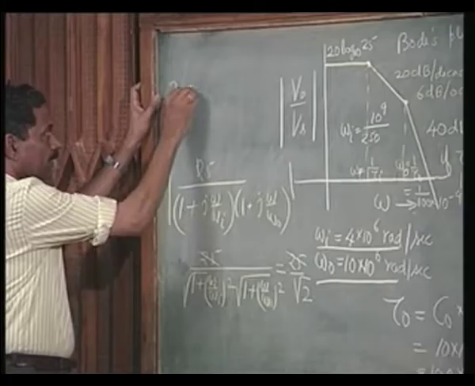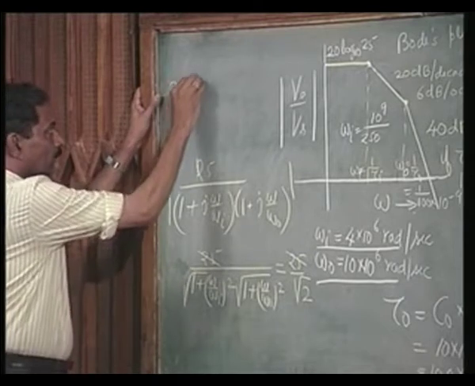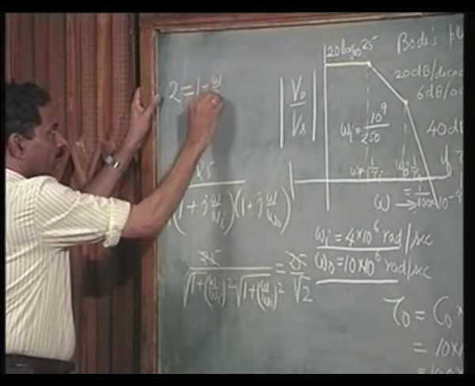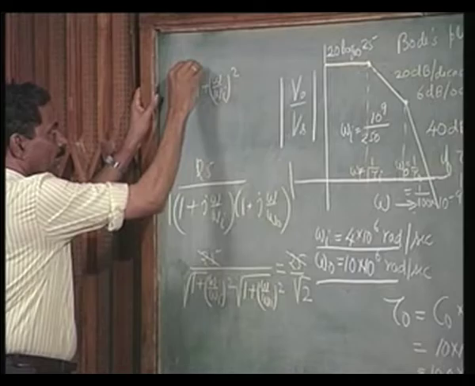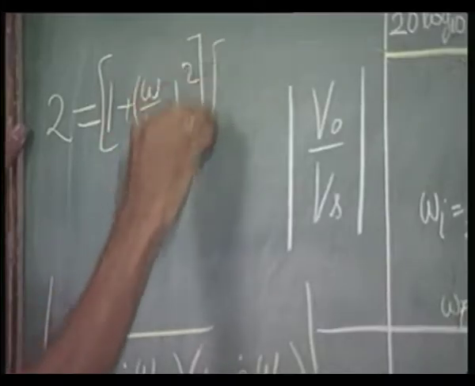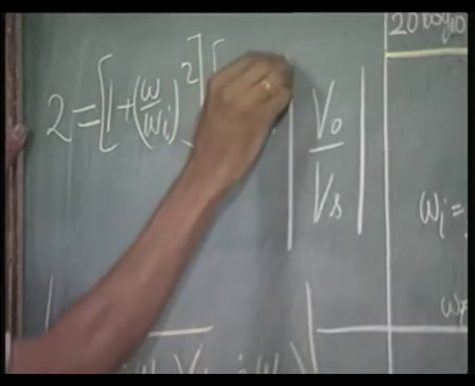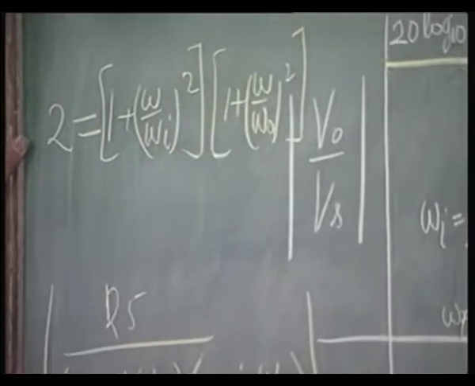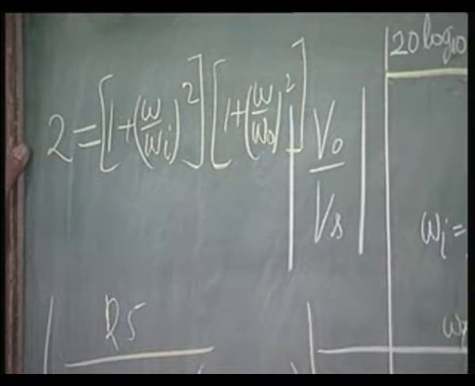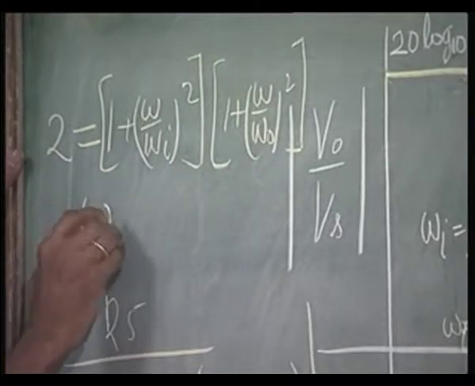So, 2 becomes equal to 1 plus omega by omega I whole squared, into 1 plus omega by omega naught whole squared. This is going to be a quadratic equation, which if you solve will give you the upper cutoff frequency.